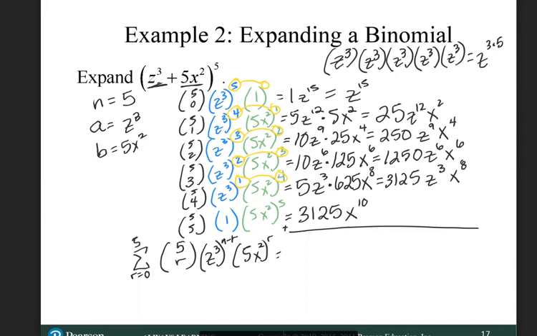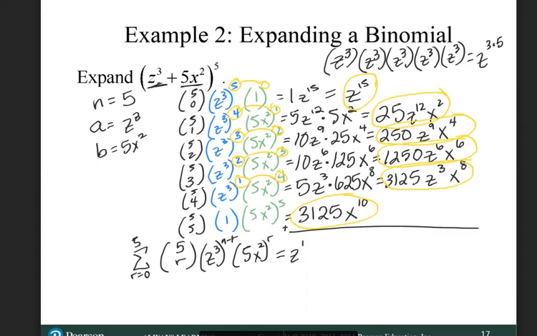And that equals adding up all of my terms. So I'm going to go through and just circle my final term for all of these. That was z to the 15th, 25 z to the 12th x squared, 250 z to the 9th x to the 4th, and so on. And then I'm going to copy them down here.